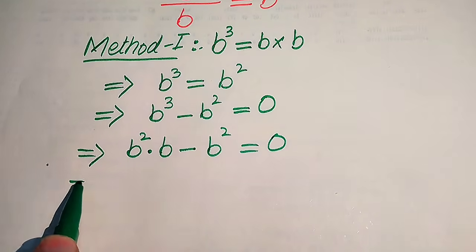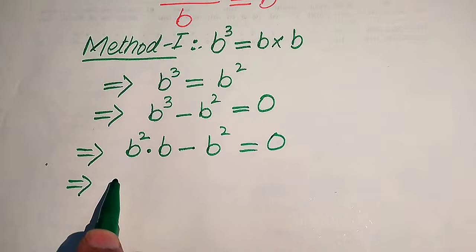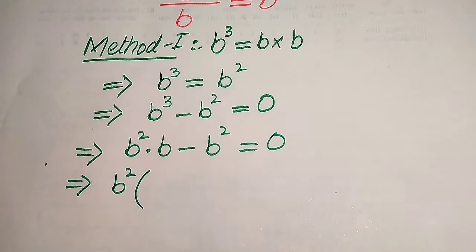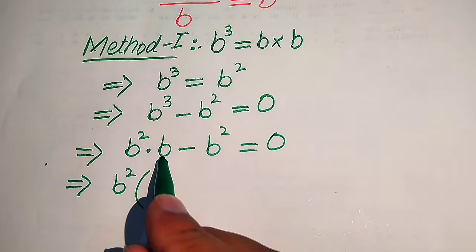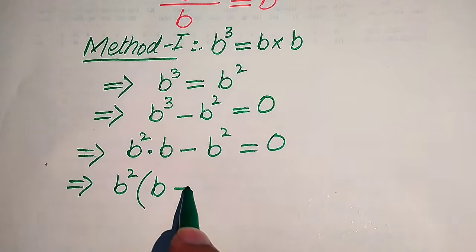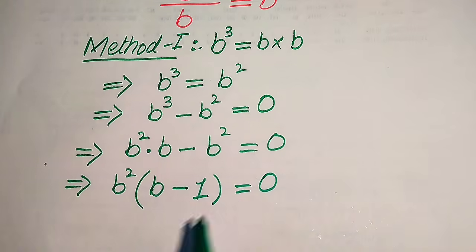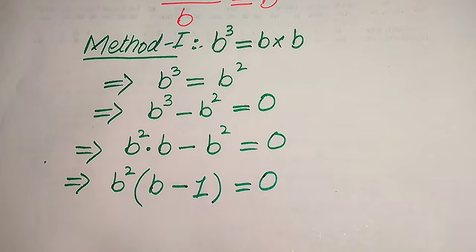Now you see clearly we have b square as the common term, so we take b square common from here, and we get b from the first term, minus 1 from the second, and this whole equation equals 0.